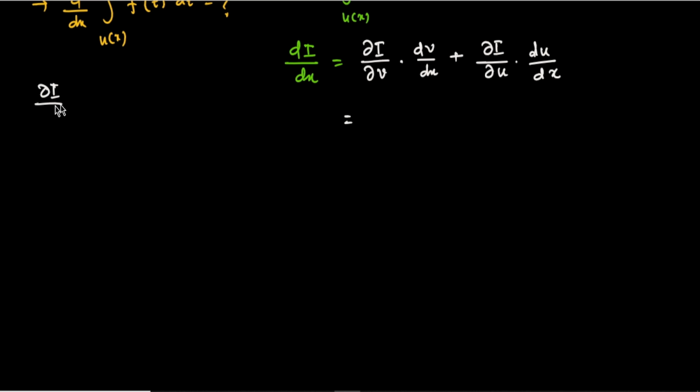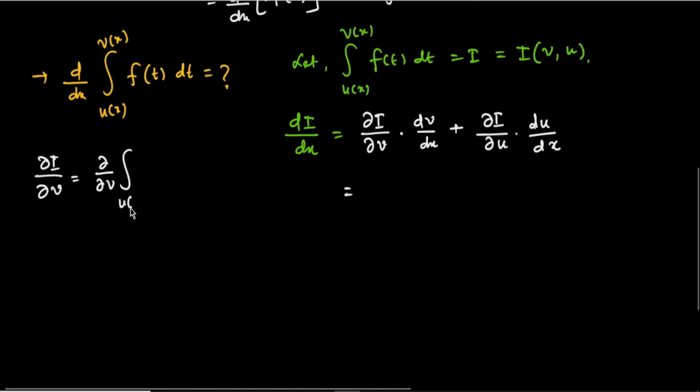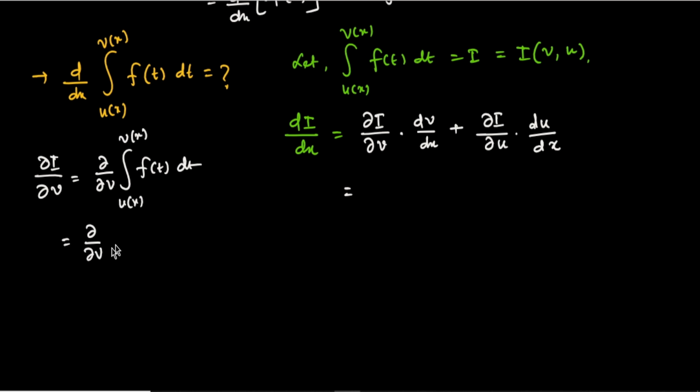Here del I by del v means del by del v. The I we have taken, with u of x and v of x as the limits, of f of t dt, gives us capital F of v minus capital F of u. As we know the definition of partial differentiation, here we are differentiating with respect to v and u is taken as a constant.